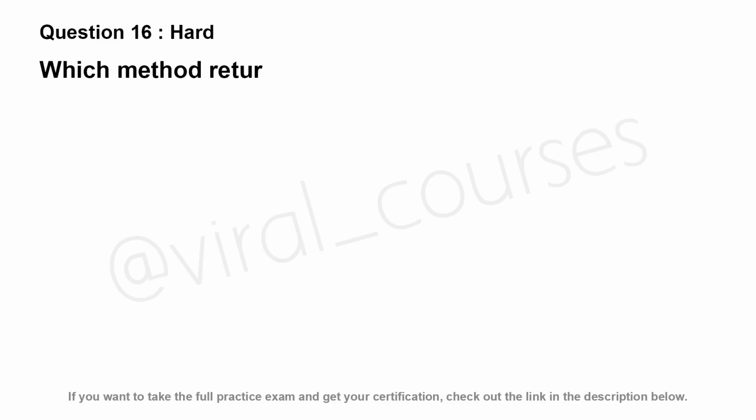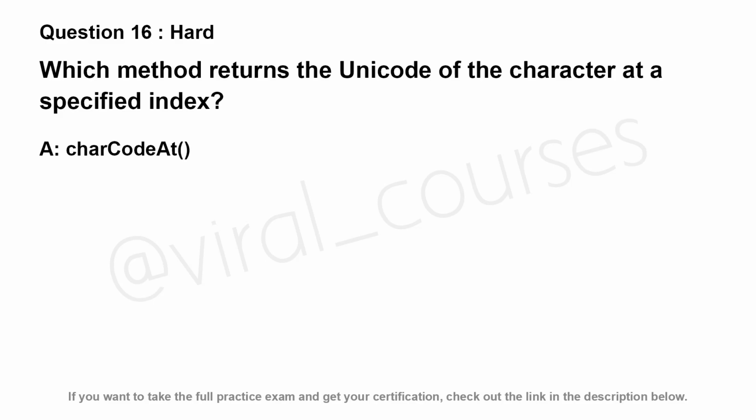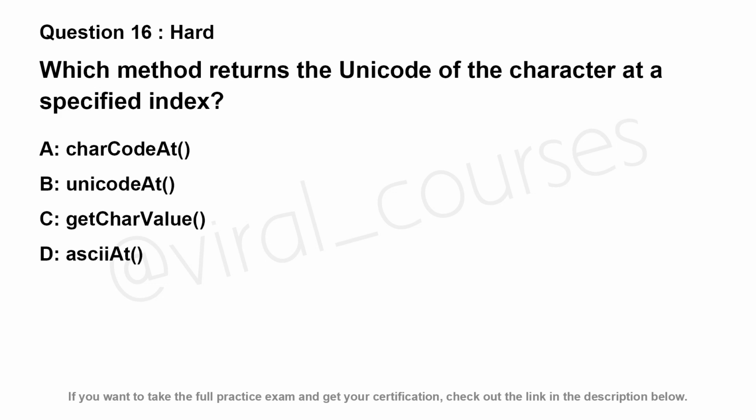Which method returns the Unicode of the character at a specified index? Option A, charCodeAt. Option B, unicodeAt. Option C, getCharValue. Option D, asciiAt.